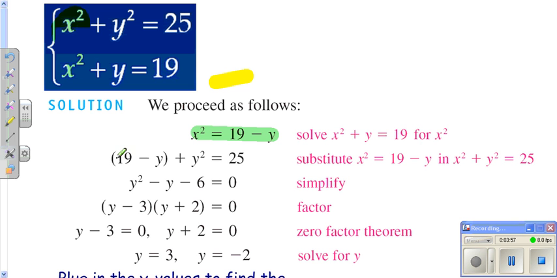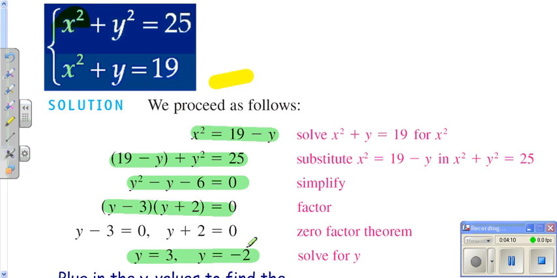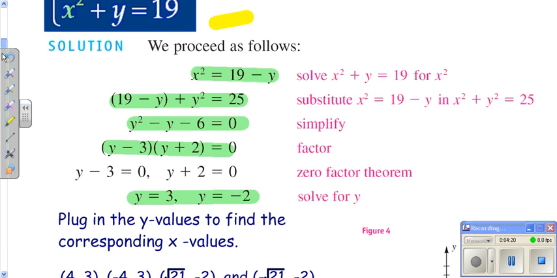When we do that, we end up getting this, which once again is a quadratic. So you set it equal to 0, factor it, set each one of your factors equal to 0 and solve it, and so you get your two y values. So this circle and this parabola cross at two different points. One of them when your y is 3, one when the y is -2.